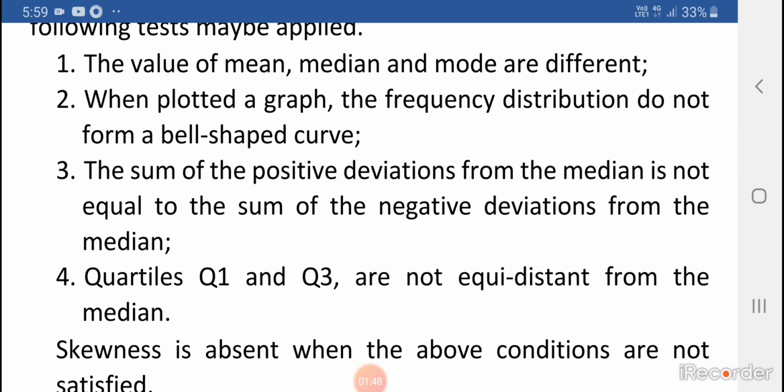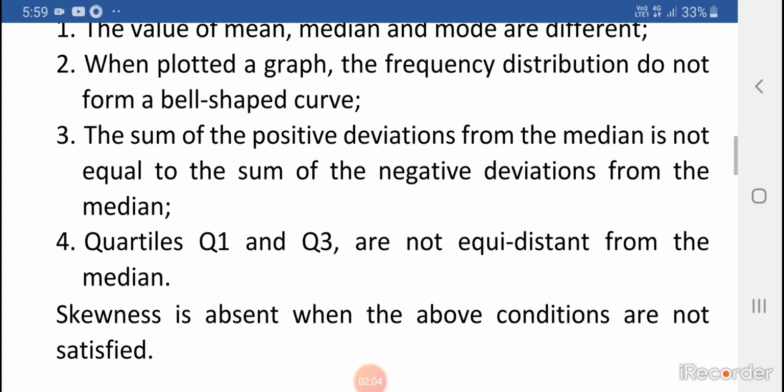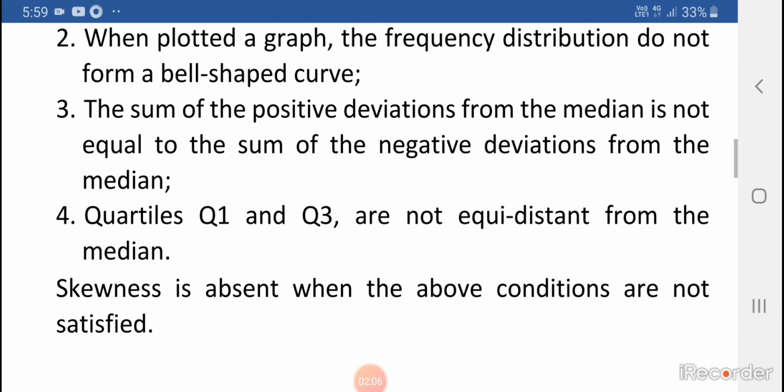In case it is a perfectly bell-shaped curve, mean, median and mode are the same, which means it will not have skewness. But here, mean, median and mode are not the same.